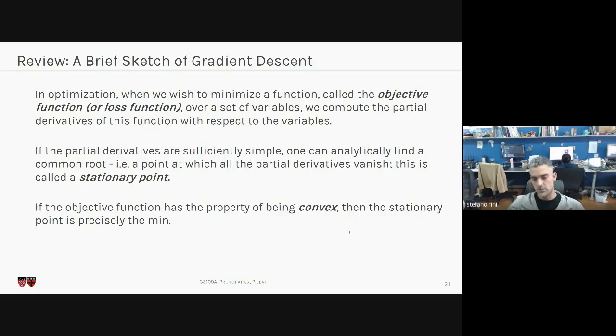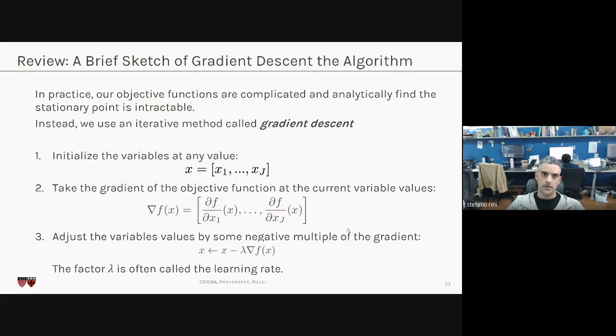When you have a single variable, then you only have one derivative, so that if you find the derivative is 0, you either have a minimum, a maximum, or an inflection point. But of course, when you go to higher dimensions, it's possible that the derivative is 0 in one variable, but it's still decreasing or increasing in some other variable that is different from this one.